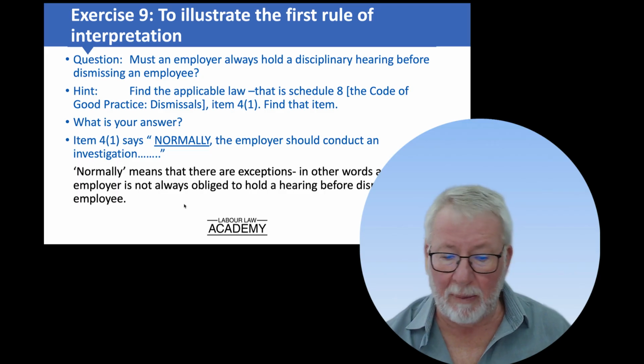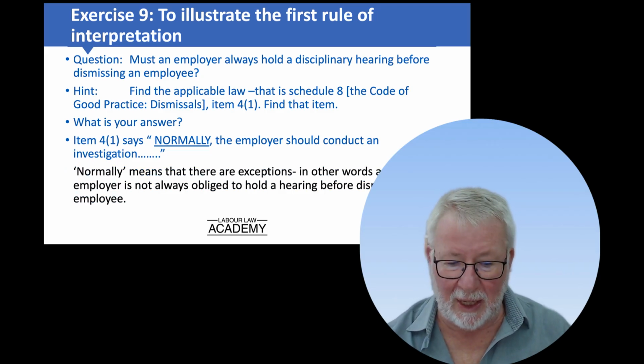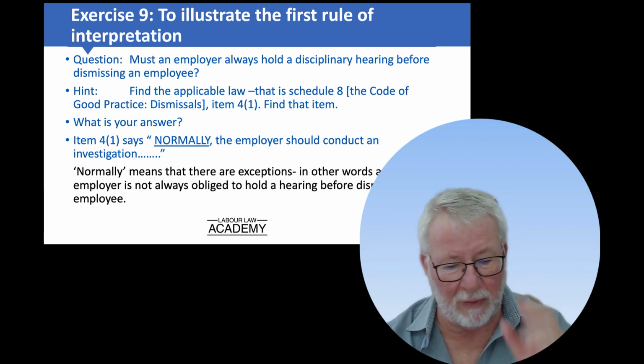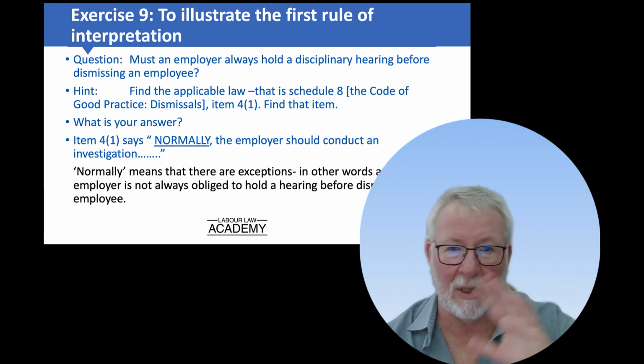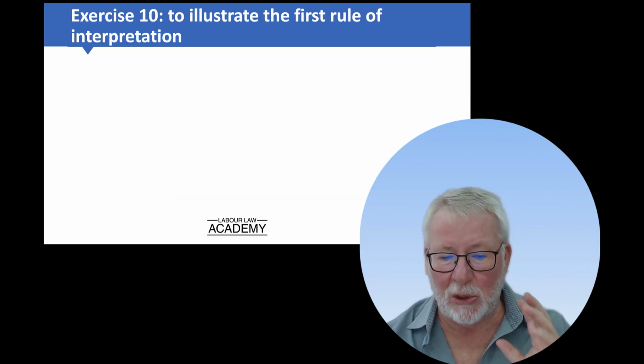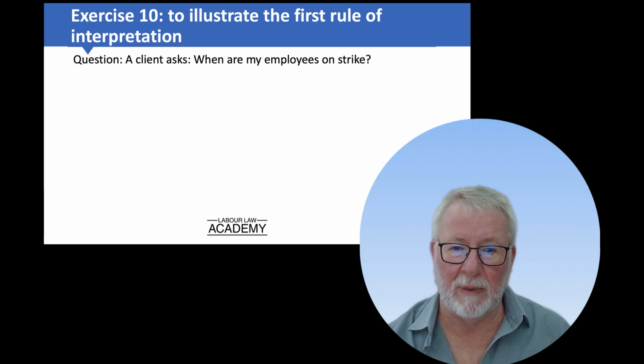Okay. Now that might surprise you, but that is the case. Normally means there are exceptions. You're not always obliged because of those few exceptions. Now, I'm not going into the law there. I just want you to understand how to interpret, use the first rule of interpretation.